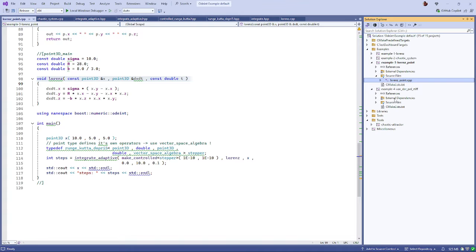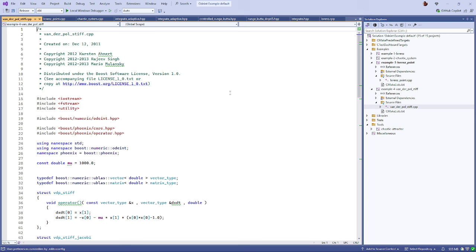Now, this final example, this van der Pol stiff. I did mention in the beginning that there's a thing called the van der Pol oscillator, which is a model of an electronic circuit. An oscillator circuit generates a repeating sine wave typically.